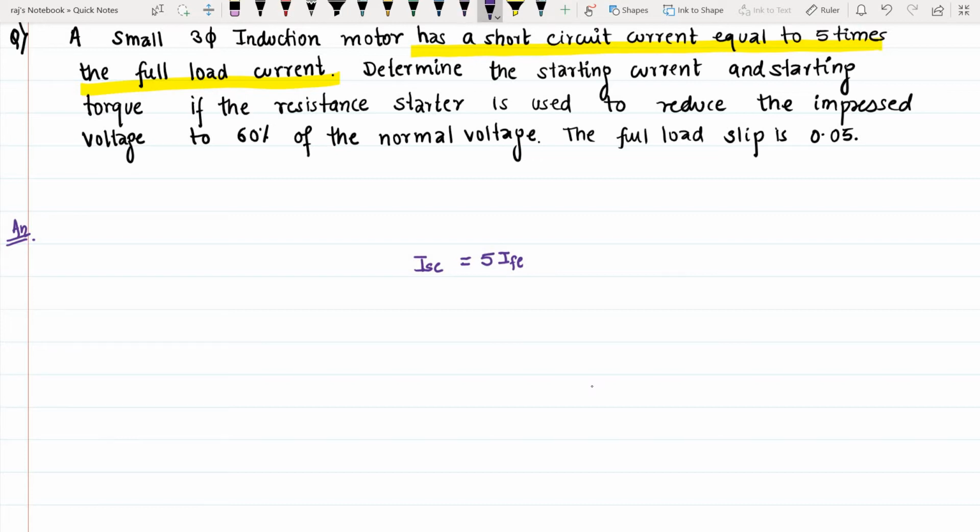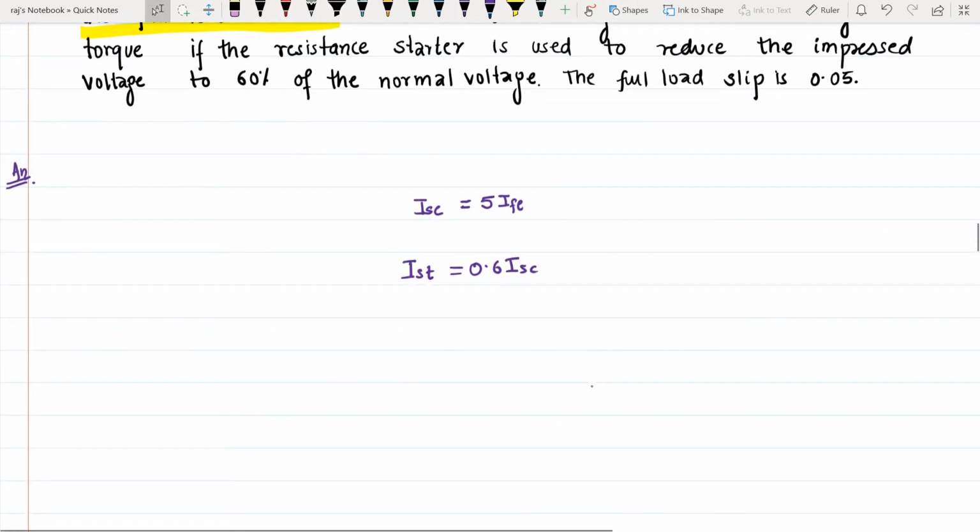So if the voltage from the normal voltage is reduced to 60%, that means the starting current is 60% of the short circuit current. So therefore you can write IST is nothing but 0.6 of ISC, or you can write this ISC as equal to 5 times IFL.